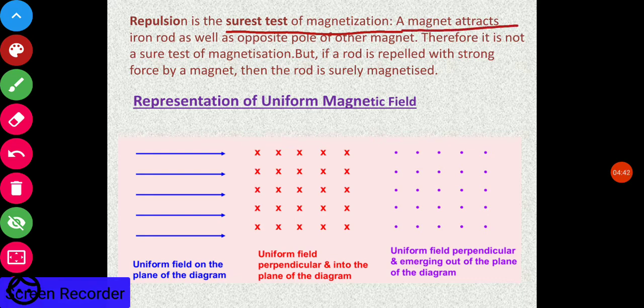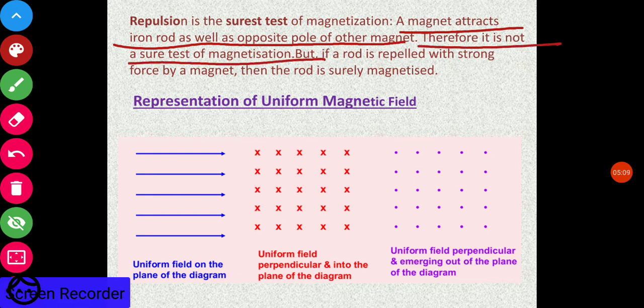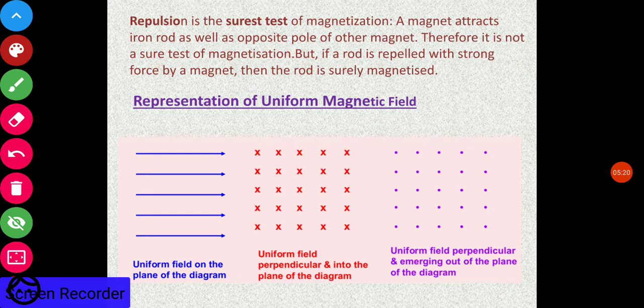Because a magnet attracts an iron rod as well as the opposite pole of another magnet. Therefore, attraction is not a sure test of magnetization. But if the other rod is a magnet, then the same poles will repel each other. If a rod is repelled with a strong force by a magnet, then the rod is surely magnetized. So that is why repulsion is the surest test of magnetization.